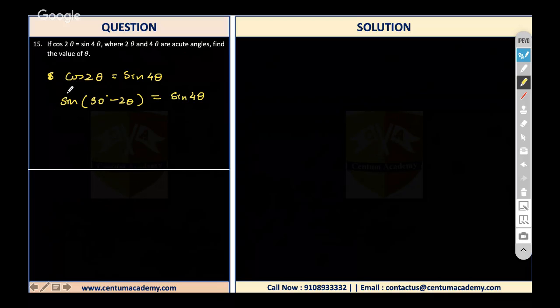Why? Sine of 90 minus 2 theta is cos 2 theta. You have to write the reason: sine of 90 degrees minus theta is equal to cos theta.